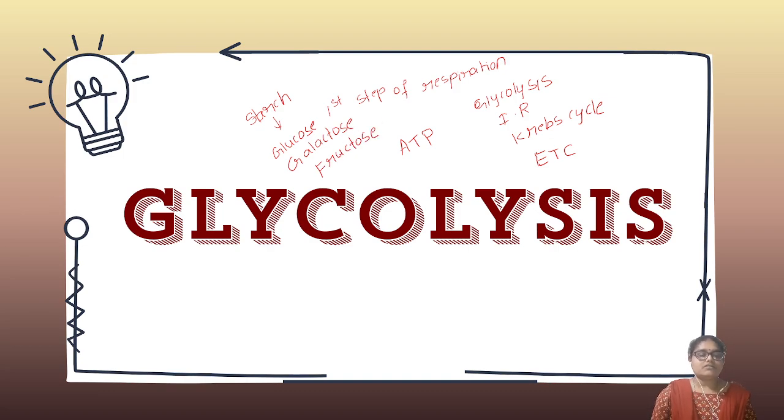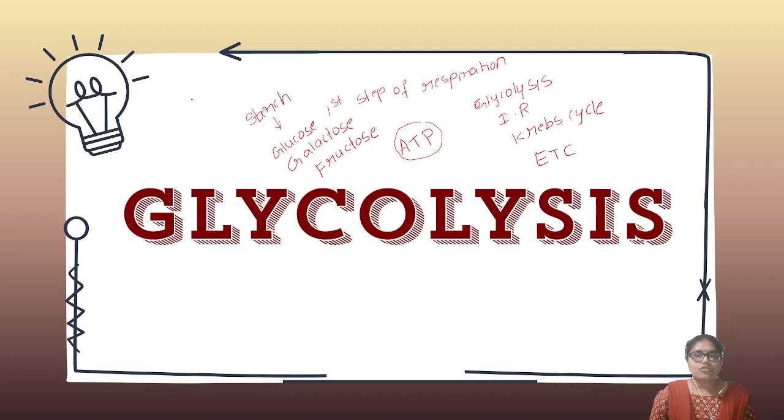These undergo a series of respiratory reactions like glycolysis, intermediate reaction, Krebs cycle and electron transport chain to get ATP. Now glucose is derived from the starch. Digested in the gut, it enters the blood.